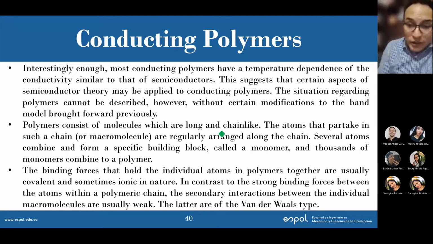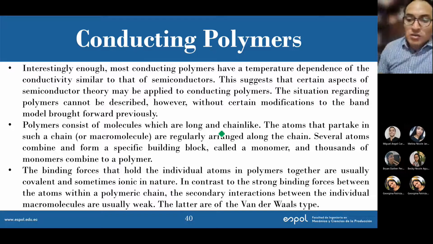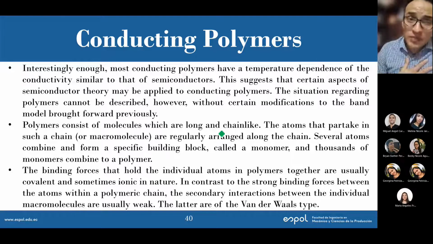Because it's the ordered molecules that are usually strongly interacting molecules, and therefore the electrons joining those molecules are the ones that might help conduction, right? So basically, we can say that the conduction of a polymer depends on the order of the molecule.